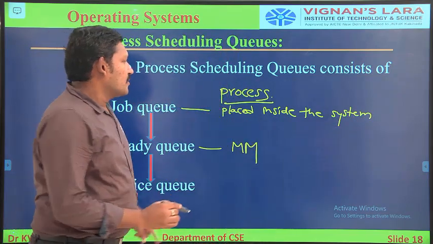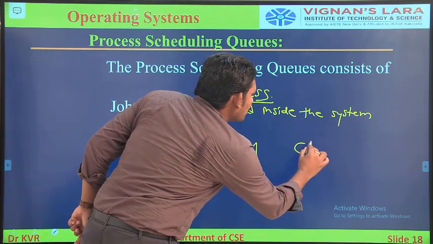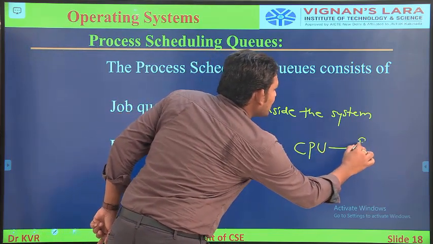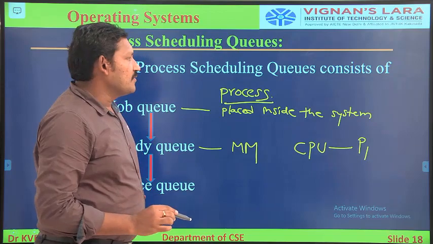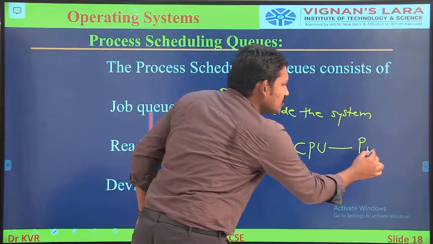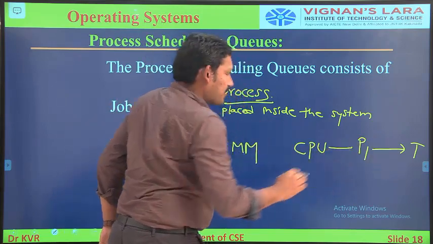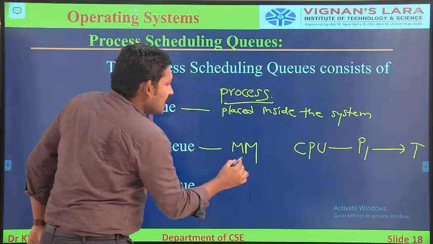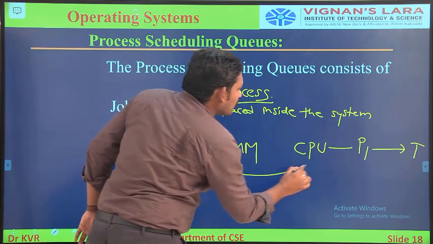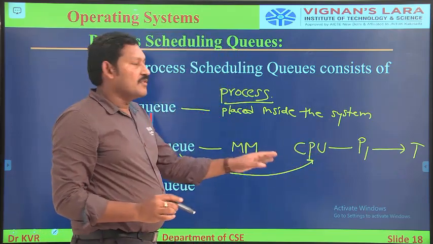So when the CPU is executing, suppose the CPU is executing process P1, and this execution is over, then it will be terminated. T is nothing but terminated. Then one from the ready queue will be given to the CPU and the CPU will start executing that.